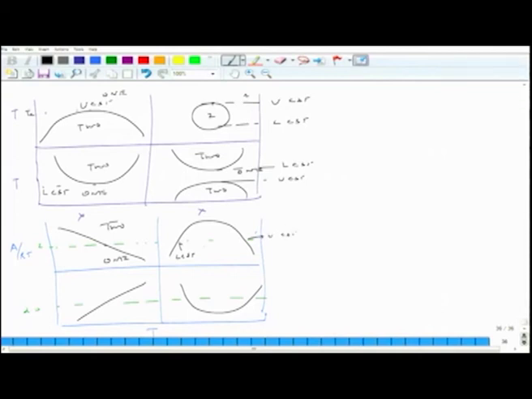Again this is two phase up, this is one phase. This is two phase, this is one phase. So this corresponds to LCST, this is UCST, and this is UCST, and this is your LCST.